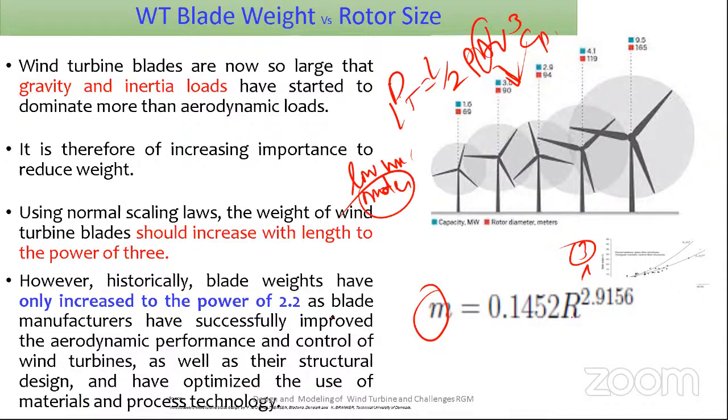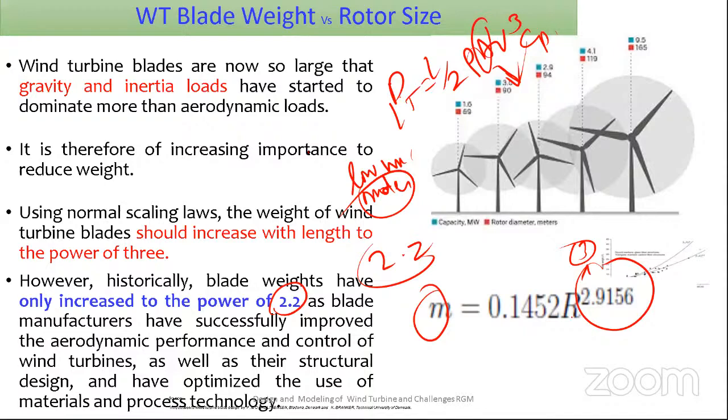The weight of the wind turbine blade should increase with length to the power of 3, but nowadays it has not crossed 2.2. We are maintaining it under excellent conditions. When you are designing, you do not take care of a single parameter; we have to see many parameters. Simply we cannot increase the rotor size, and simply you cannot increase the weight. Such various laws we have to follow.